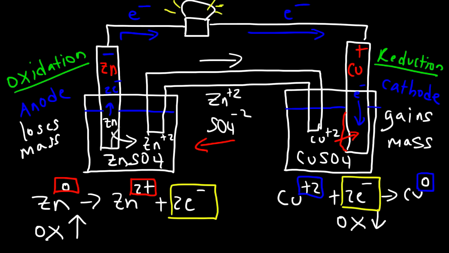Now that we've discussed the basic operation of a galvanic cell and how it works, let's talk about the cell potential and how to calculate it for this overall reaction. We saw that zinc turns into the zinc 2 plus ion by giving up 2 electrons.